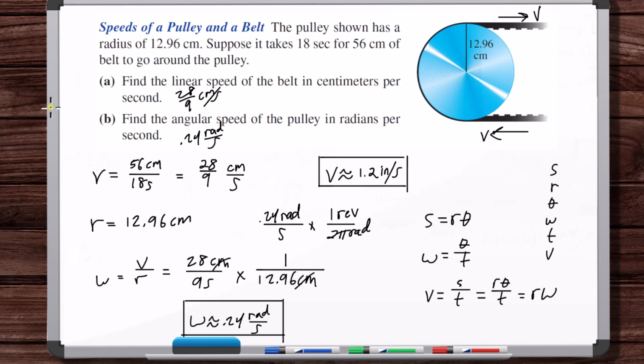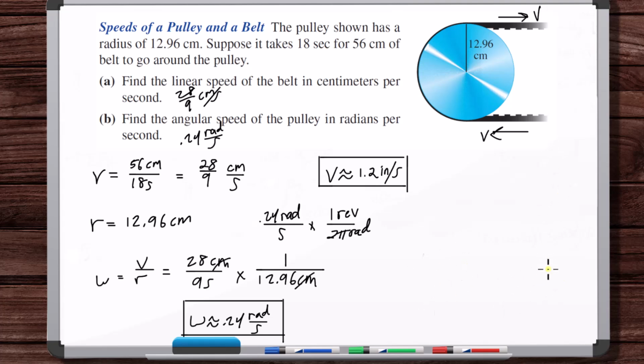Okay. Now we're going to make the number even smaller because we're going to divide 0.24 by 2 pi. So to scale it up a little bit, there's 60 seconds in 1 minute. Okay, so now we're in RPMs.